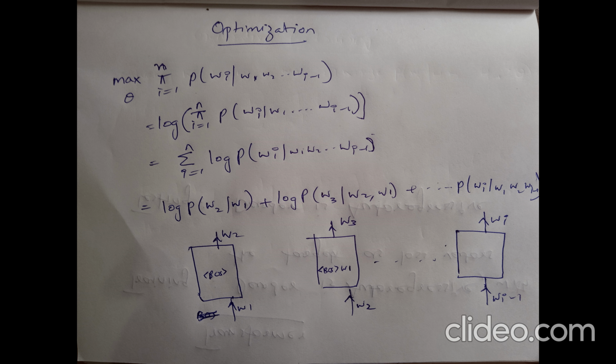So when you are optimizing, there is no order or anything like that. You can optimize in whatever order you want, because see, W1, when you say log of P of W2 given W1, this W1 is not really coming from anywhere. You know the sequence of words, you know what word W1 is. So you are directly giving W1 as input, and you are expecting W2 as the output.